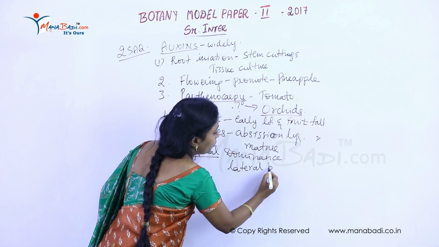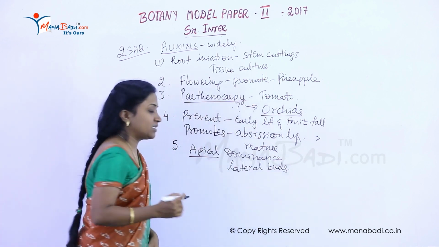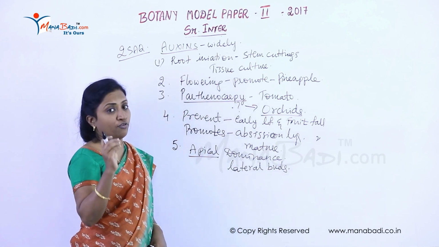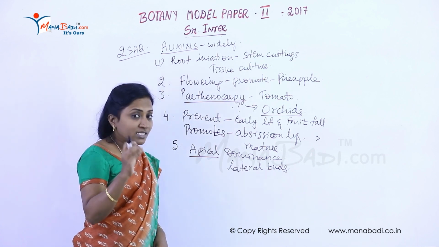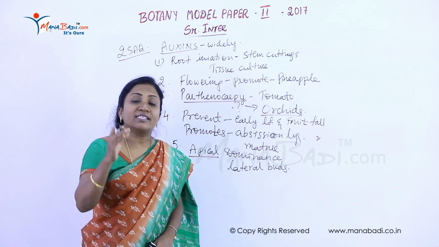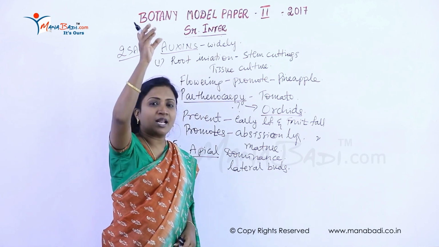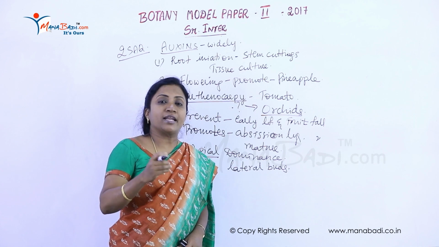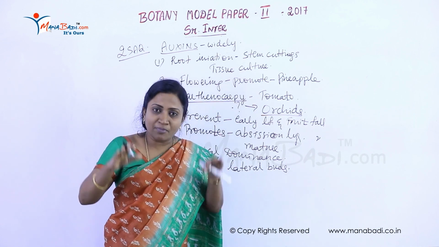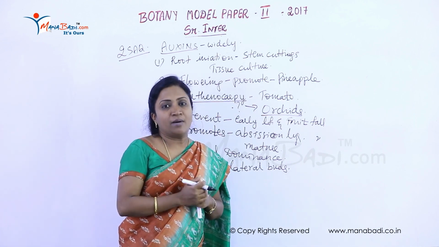The apical bud helps the plant grow vertically by suppressing the lateral buds.